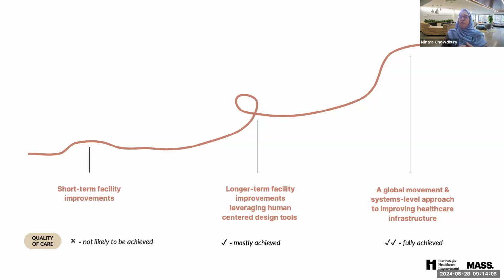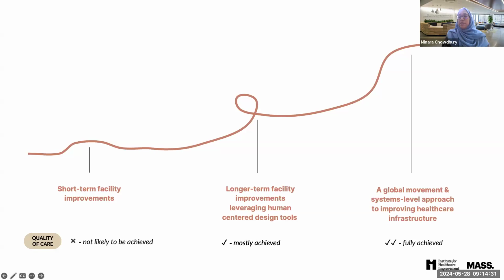Often we do think about longer term facility improvements, and we leverage human-centered design tools, and we think about investment, and we can think about either constructing new or renovating. We might also do some forward planning. And in those cases, yes, quality of care is likely to be achieved. But to fully achieve quality of care, we really need to create a global movement.